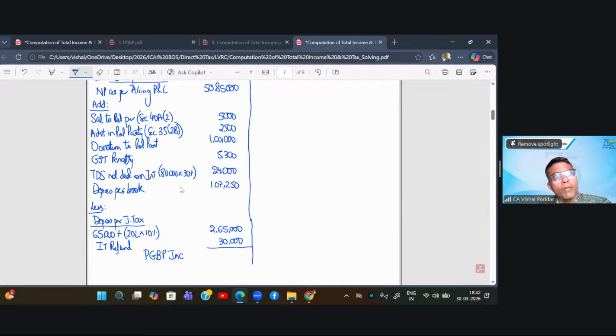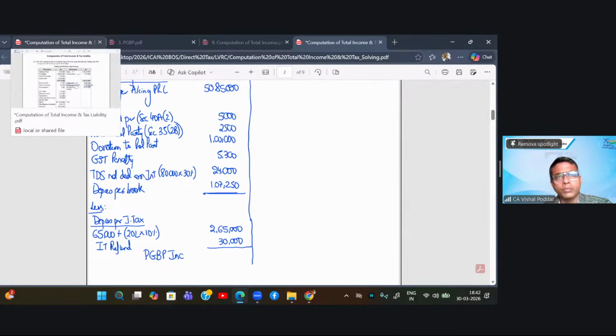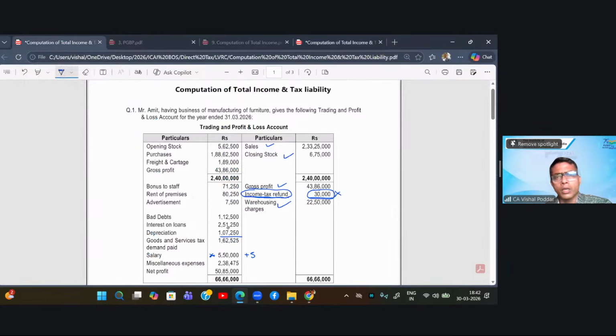Sir, in the working, in add, depreciation as per book, 1,07,250. How does it come? That's my doubt. It is here. One second. Depreciation as per accounting is 1,07,000.